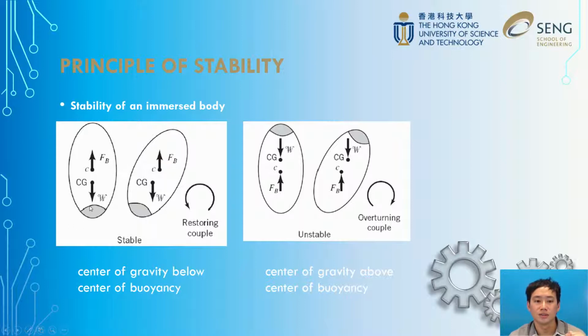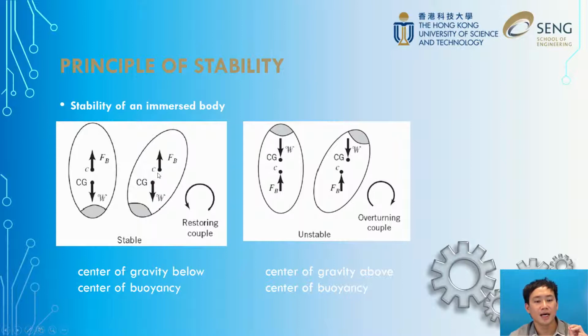According to this picture, if I push it a little bit, if it rotates in the clockwise direction a little bit, you can see that you start to have a moment. The two forces are still canceling each other, but because they now have different horizontal positions, they generate a rotational moment combined together.